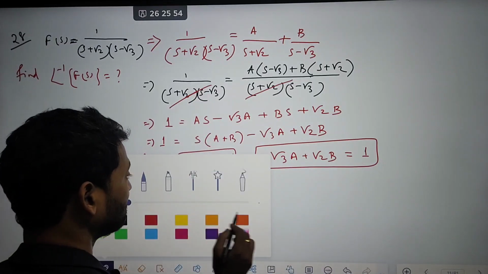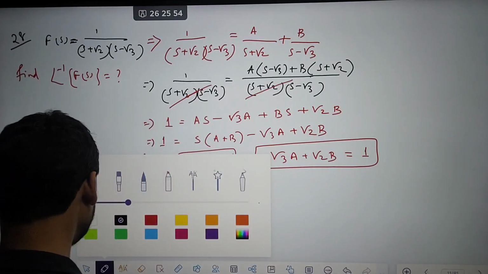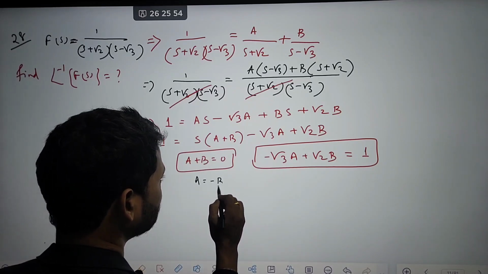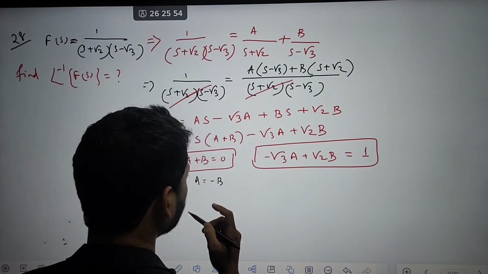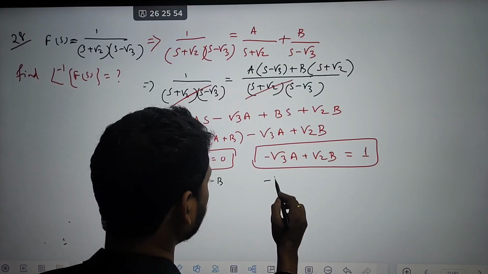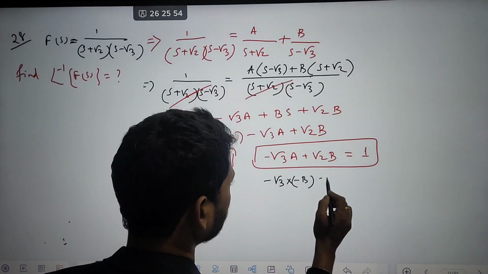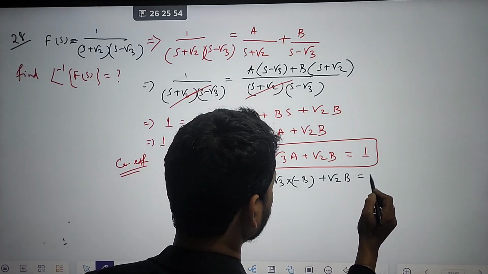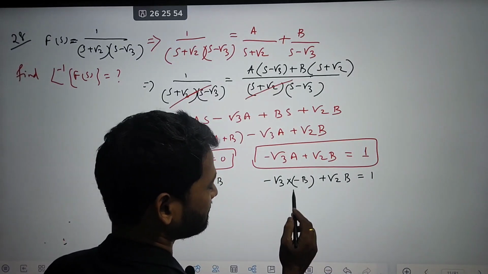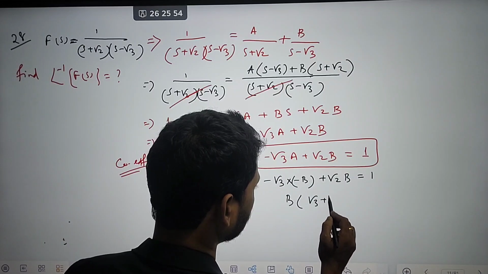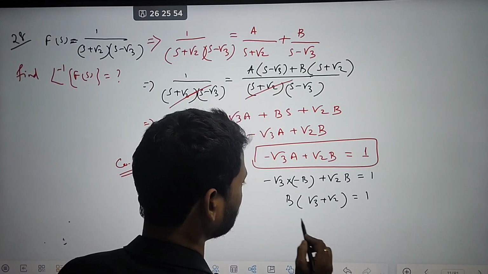Then A is equal to minus B, or minus root 3 into minus B plus root 2B is 1. So it is coming B, if I take common, (root 3 plus root 2) B is equal to 1.